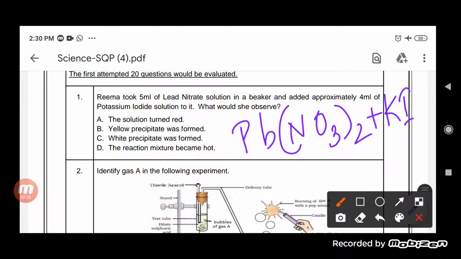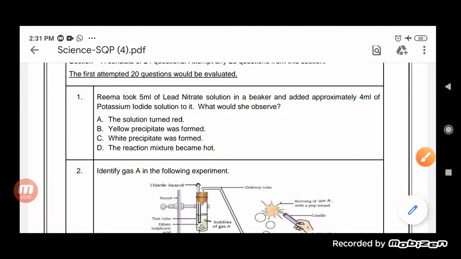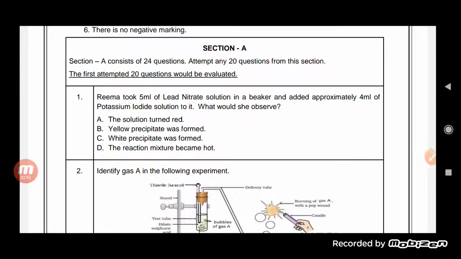Now, when both of them react together, there is a formation of a yellow precipitate of PbI2, plus potassium nitrate, KNO3, is released. So PbI2 is the yellow precipitate that is formed. Let us see the options given here.